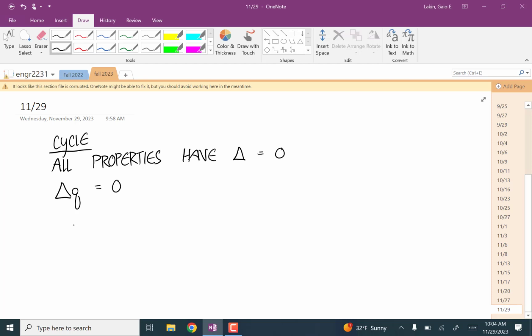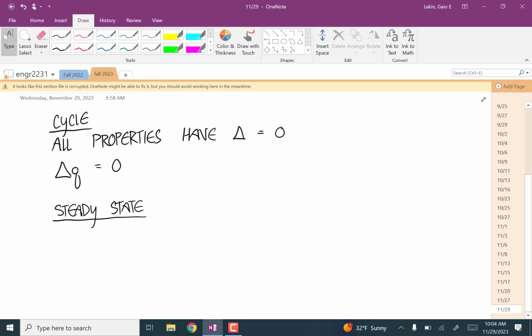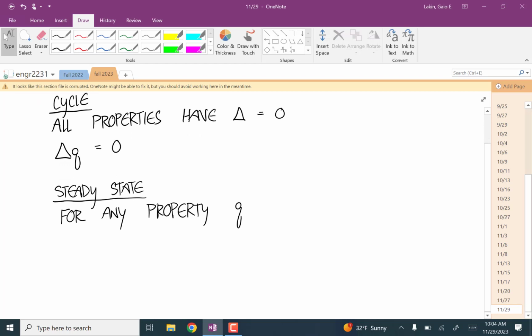Similar is steady state. If something's in steady state, it meets this same requirement as a cycle.